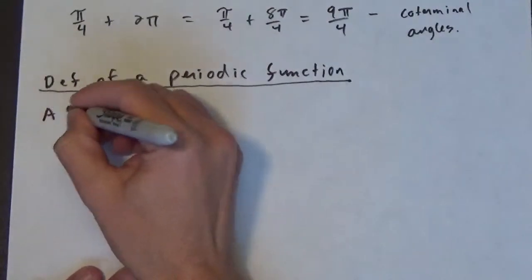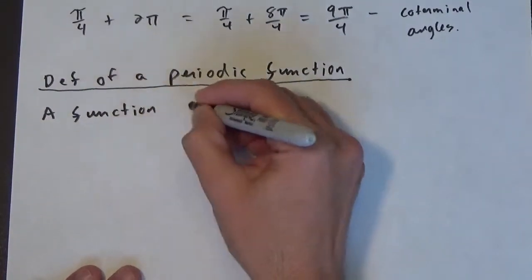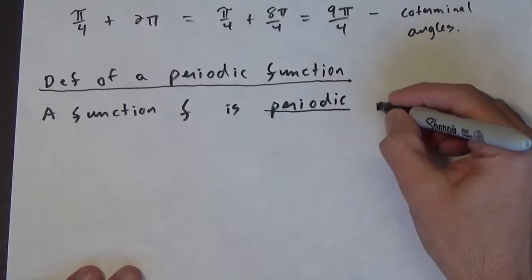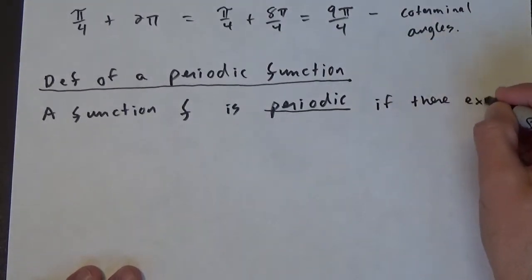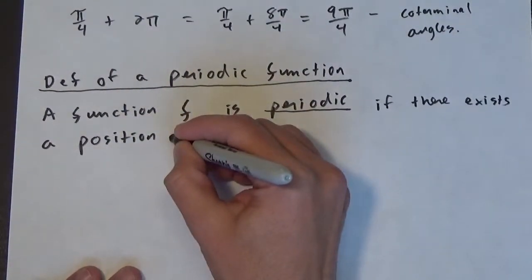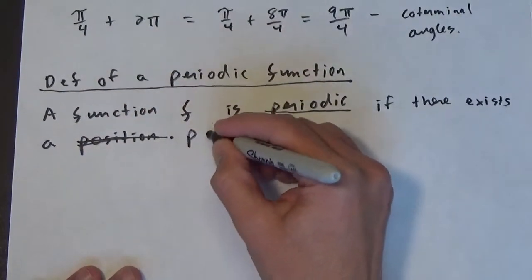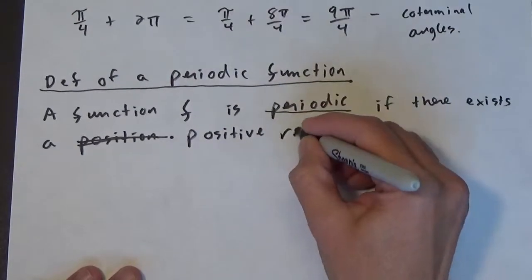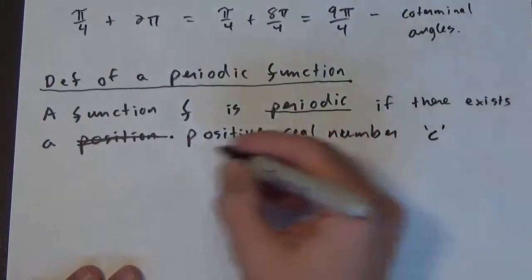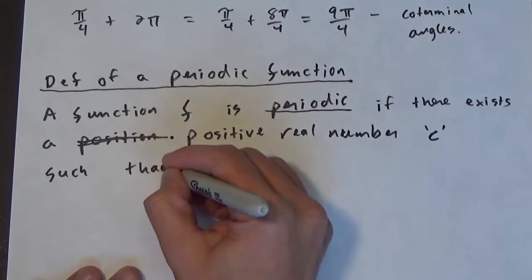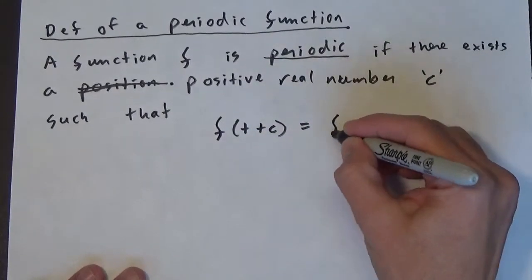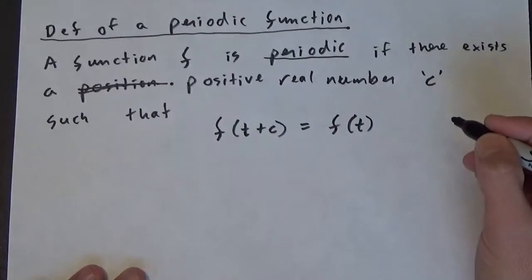Alrighty. So a function f is periodic if there exists a positive real number c such that f of t plus c equals f of t.